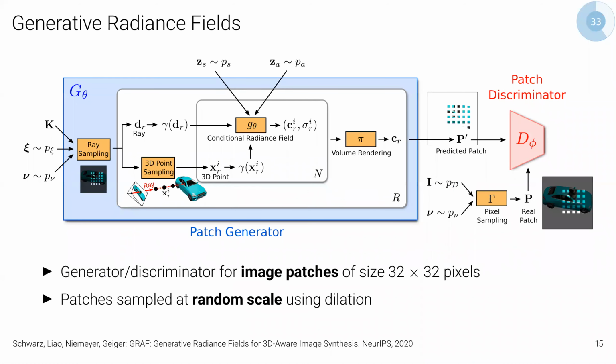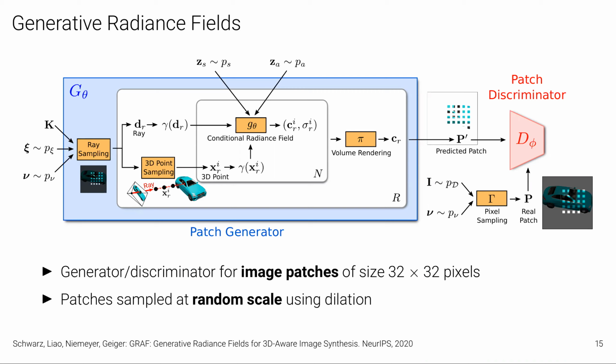Then two key aspects that I want to highlight here to make this work. First, this is operating on these image patches. We do this to avoid excessive memory consumption, because while we are big fans of neural scene representations like NeRF, the problem is that if you do volume rendering, you need to evaluate a lot of points.